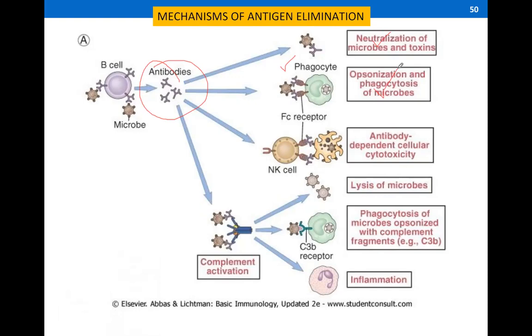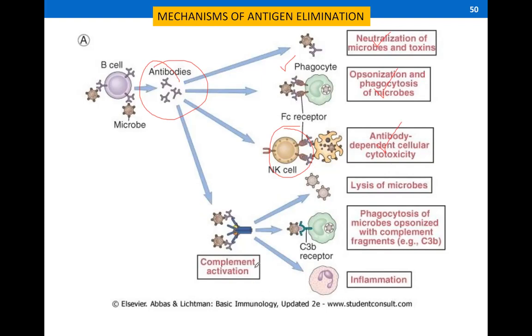What else? By natural killer cells. The natural killer cells, as you all know, eliminate antigen by the use of antibody-dependent cellular cytotoxicity. Okay? And lastly, because of the complement system or the complement activation. As will be discussed in a little while, this complement activation depends on the complement factors, right?